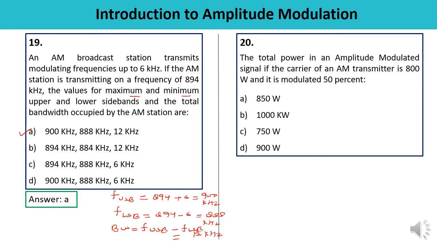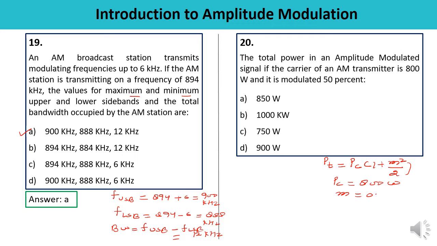Next question. The total power in an amplitude modulated signal: you have to find out if the carrier power of an AM transmitter is 800 watt and it is modulated 50%. So what is the formula for the total power? PT is equal to PC times 1 plus m squared upon 2, where PC is the given carrier power, which is 800 watt.